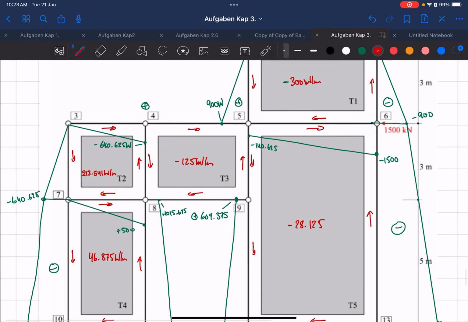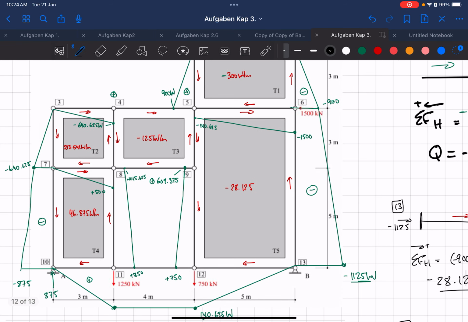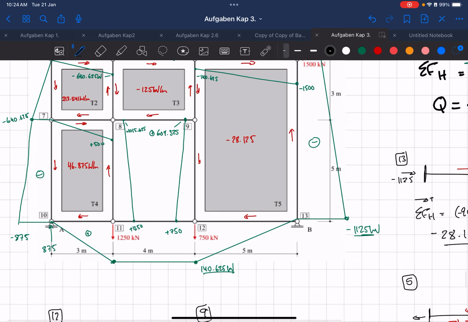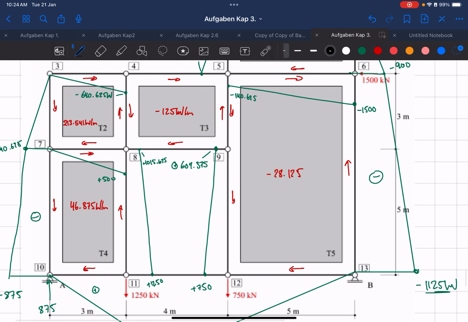And let me double check this. So I know that I have a delta of 640 plus 140, also 640.65 plus 140.65.